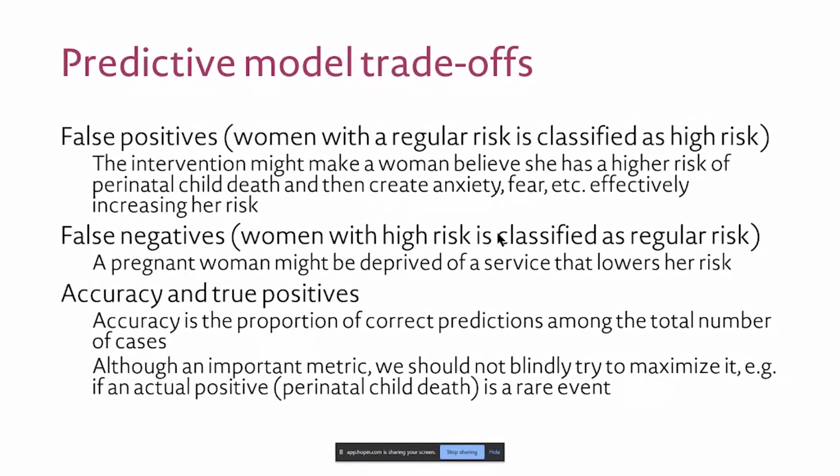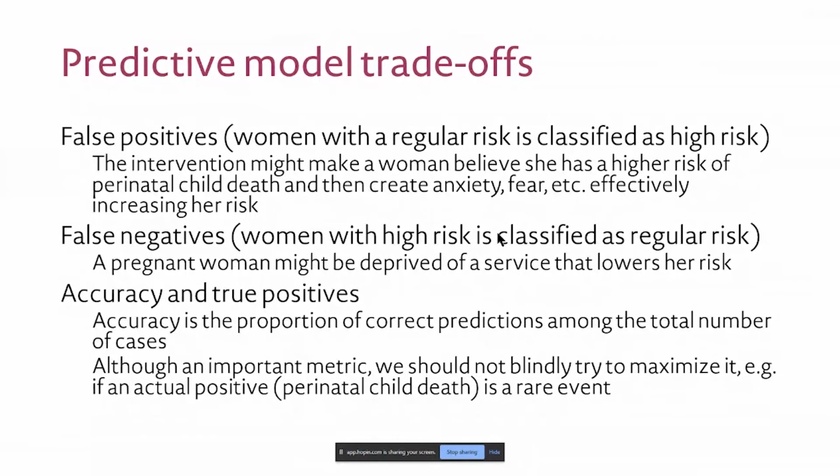So for this case, if you have an intervention that, for example, actively communicates to the client, oh, you're at high risk, this might then actually tell that woman, oh, you're at high risk, while it's actually not the case. And so it might create anxiety and fear and other emotional distress, and then effectively increase her risk, or maybe introduce a risk that wasn't even there. So this is an example where you need to be really, really careful with an intervention.